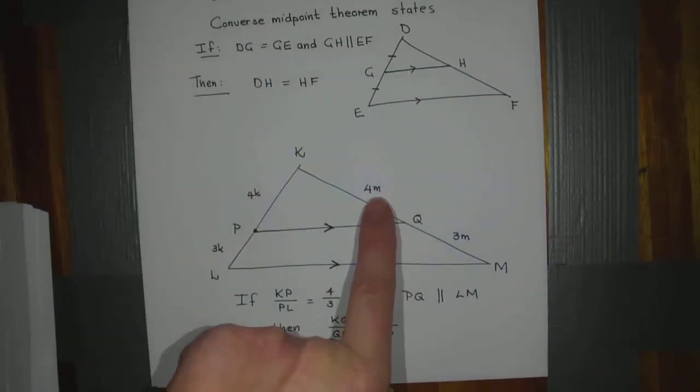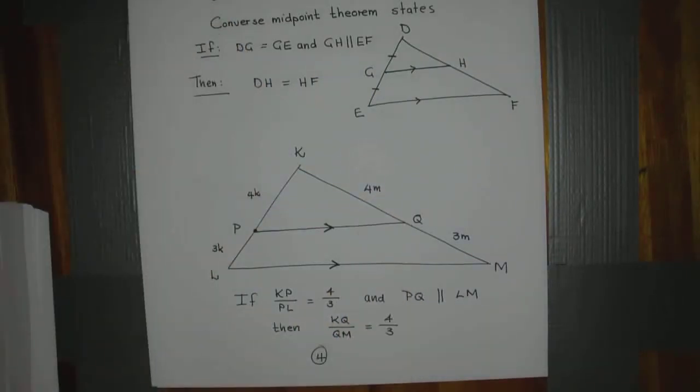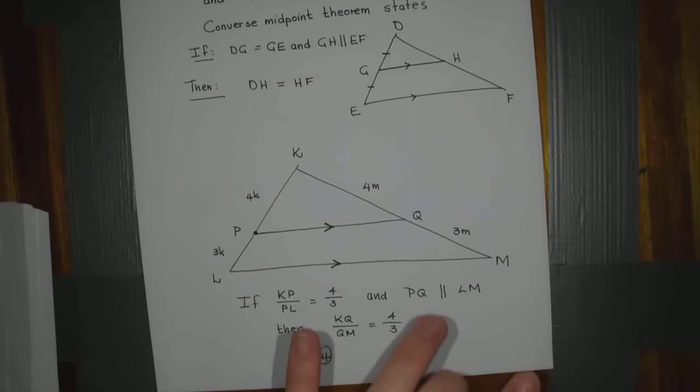So if m is equal to 1.5, then it means 4 times 1.5 is 6. So this side is going to be equal to 6, and this one is 3 times 1.5, which is going to be equal to 4.5. Do you understand? So it's not about the sides having the same length, it's about the proportion of the sides being the same. And that, people, is the proportional division theorem.